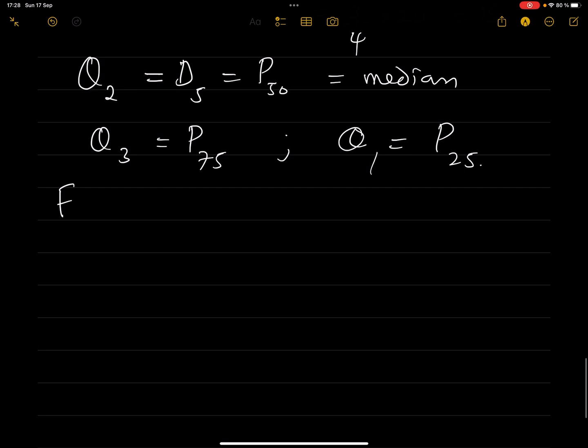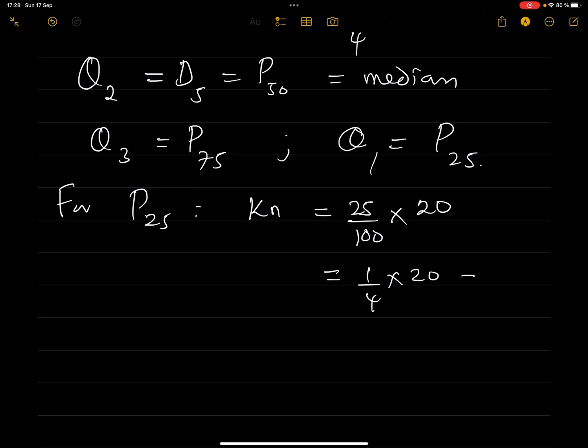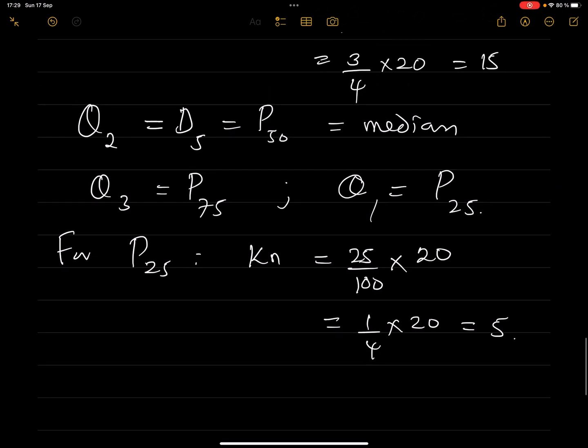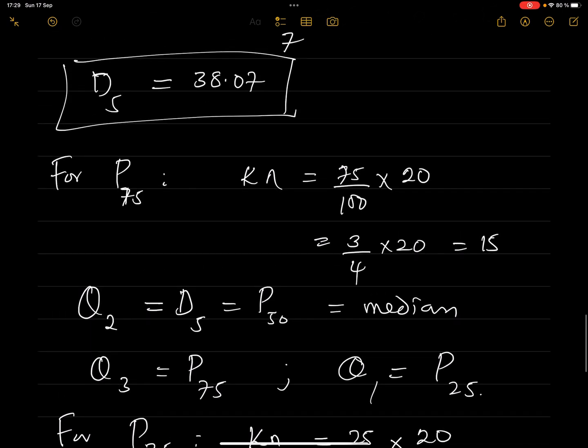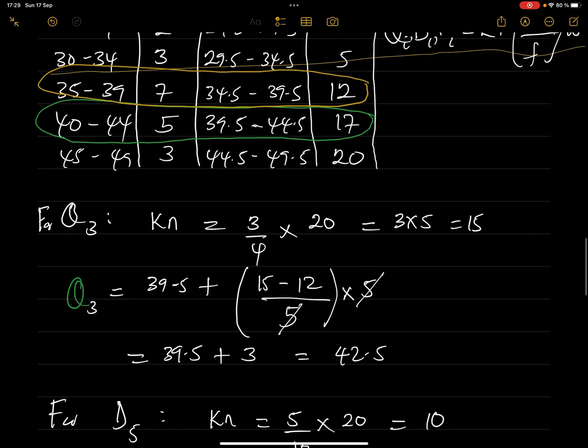For P25, what is Kn? Kn will be i over 100, this time around 25 over 100, multiplied by n. Your n is 20. So this is 1 over 4 multiplied by 20, and you get 5. So the cumulative frequency of the location of interest is 5, which tells us it falls in that cumulative frequency that carries it.